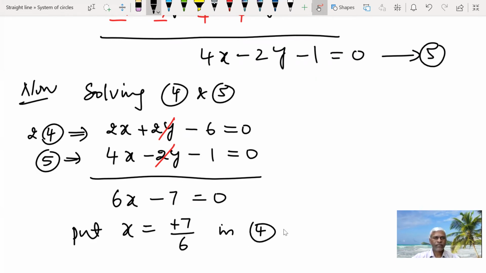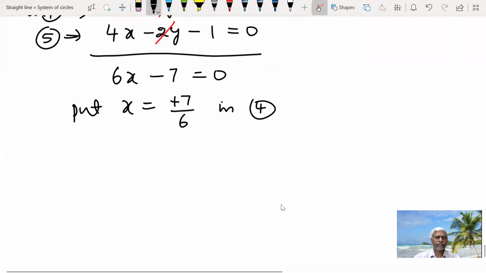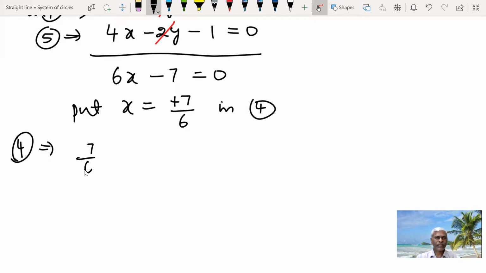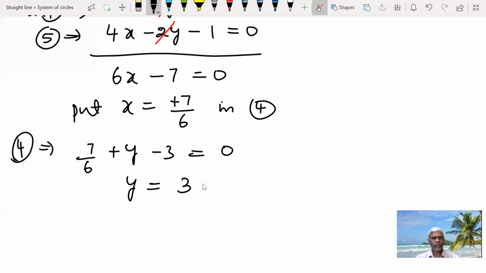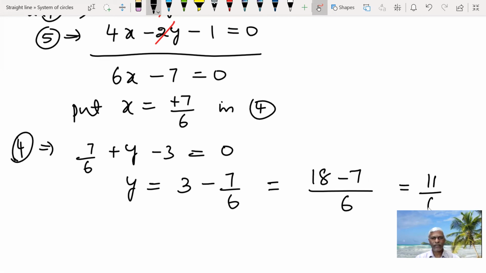Fourth equation x plus y minus 3. Fourth equation, x plus y, that is 7 by 6 plus y minus 3. So y value, LCM 6 into 3, 18 minus 7, 11 by 6.